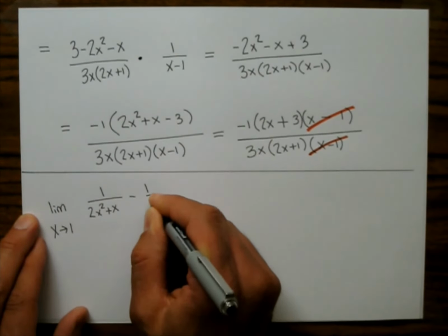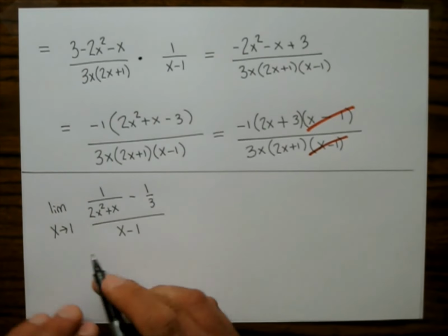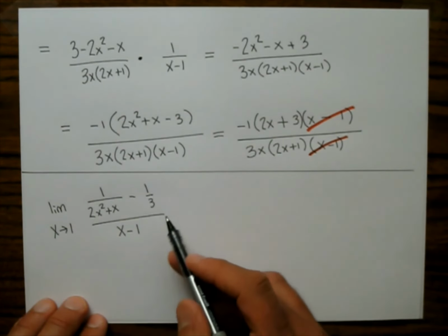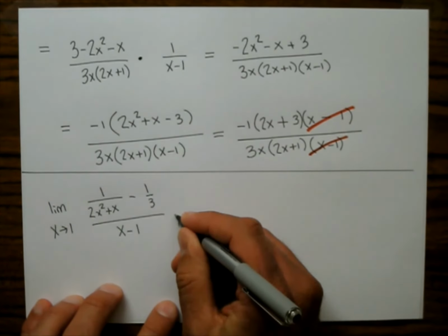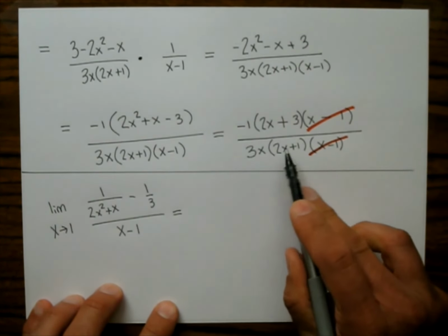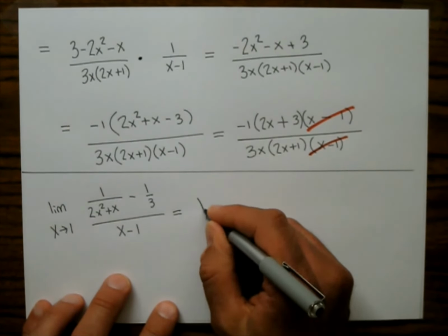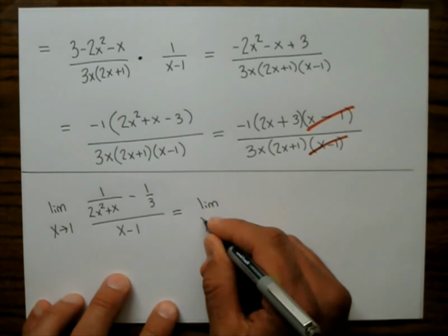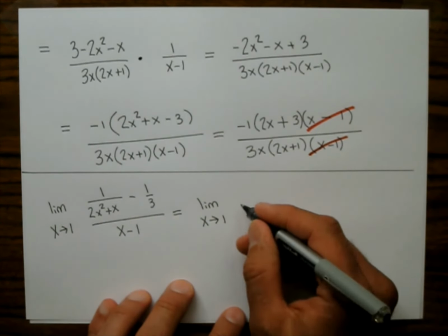It's a pain to write. X minus 1. Remember, we plugged 1 in there at the beginning of the problem. We found 1/3 minus 1/3. We had 0 on the top and 0 on the bottom. But now we were able to do lots of algebra on this. Cancel the x minus 1s, and I have the limit as x approaches 1 of this new thing right here.